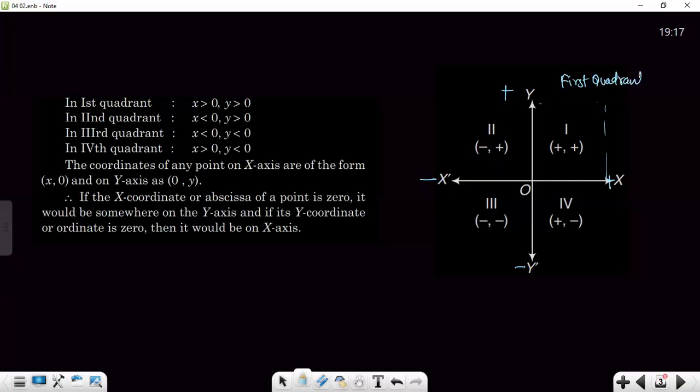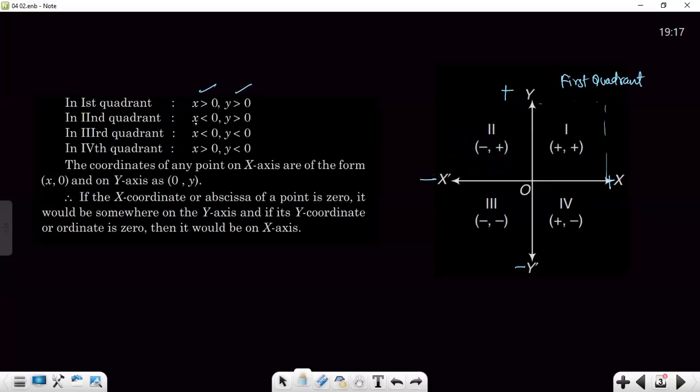In the first quadrant, every point will have a positive x and a positive y. So the sign convention for the first quadrant is positive x and positive y. Second quadrant is this. For the second quadrant, there will be positive y's and negative x's.